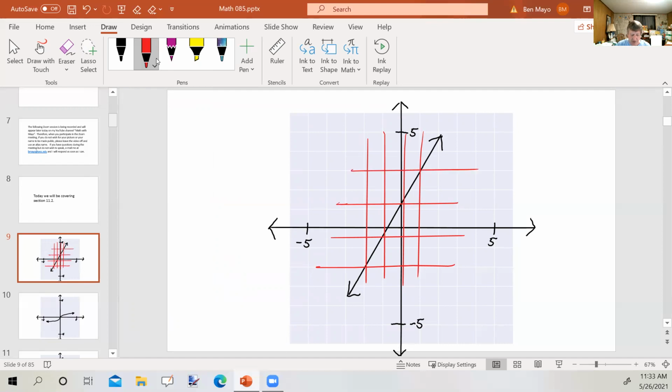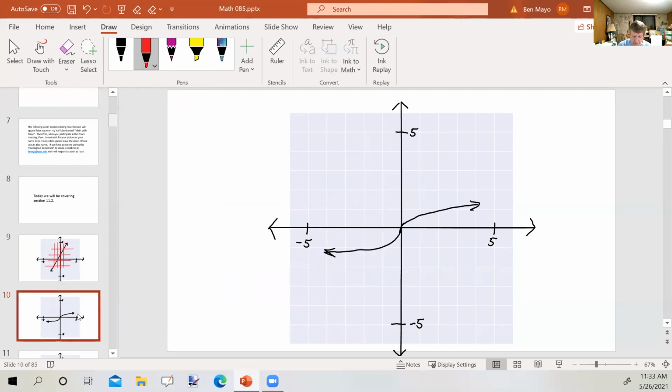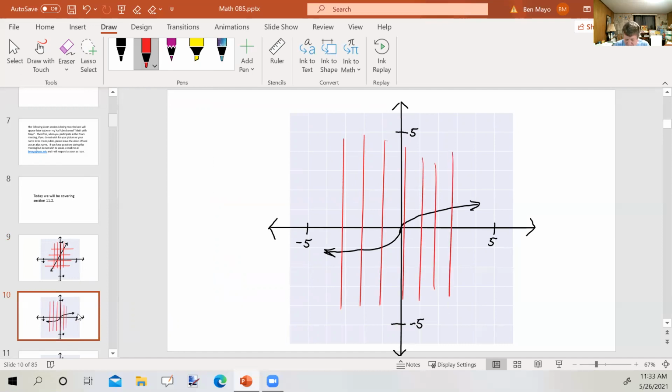So this is the graph of a one-to-one function. This next one, which is a cube root function, passes the vertical line test, so it's a function. It also passes the horizontal line test. Sorry, bad drawings.